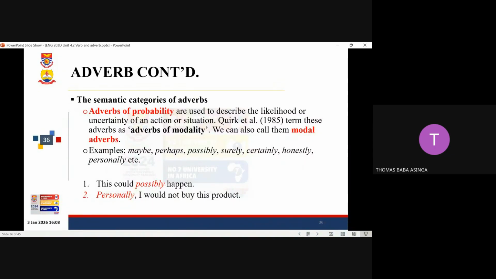The adverbs of degree, we have examples like very, so, too. I want to know if there's a rule as to when to use very, when to use so, and when to use too. Because when you look at the second example, we are too tired. Is it correct to say we are so tired, or is it also correct to say that we are very tired? Can I get someone to answer that question, please?